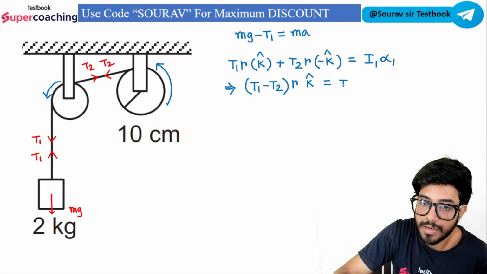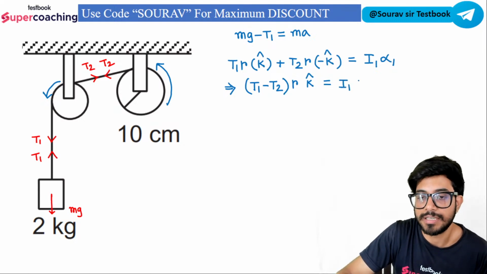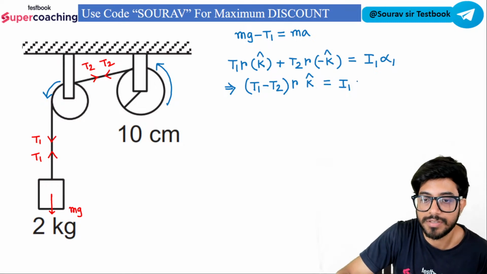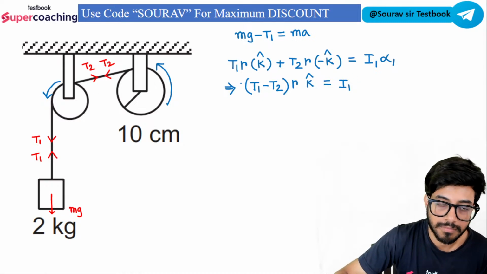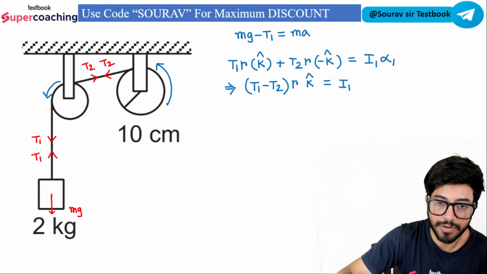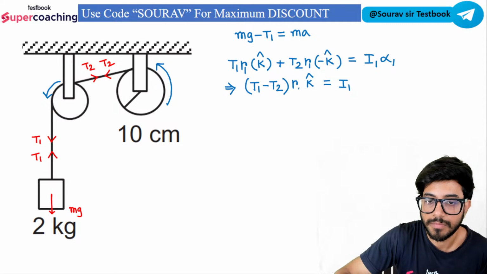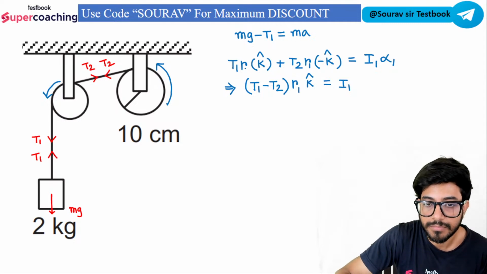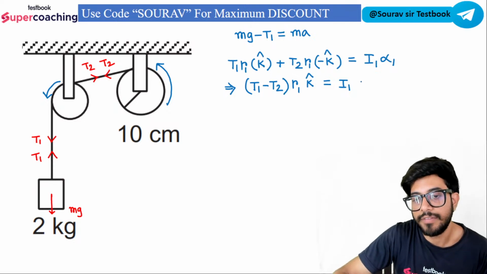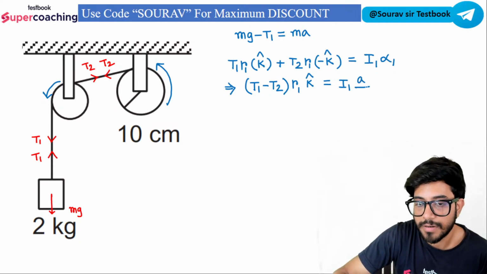So alpha 1 can be written as A divided by R1 square. Let's say the radius of this is R1. So I1 into A divided by R1 square.